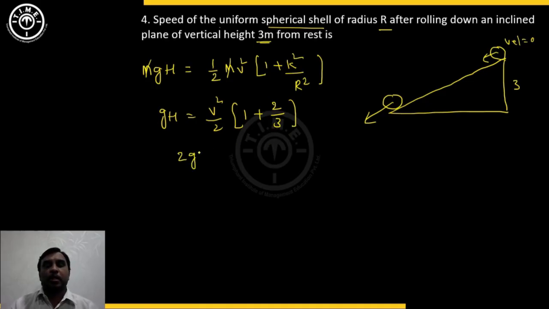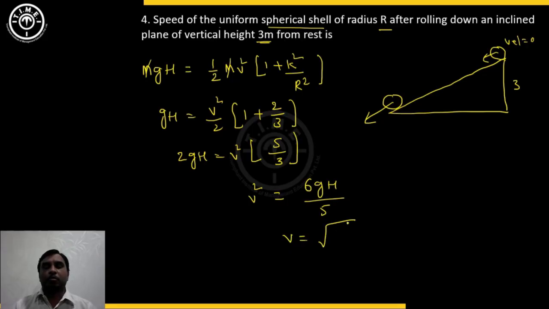So 2gh is equal to v square times 5 by 3. So finally v square is equal to 6gh by 5, so v is equal to root of 6gh by 5.